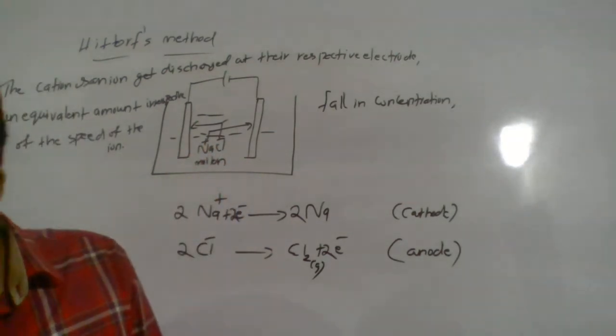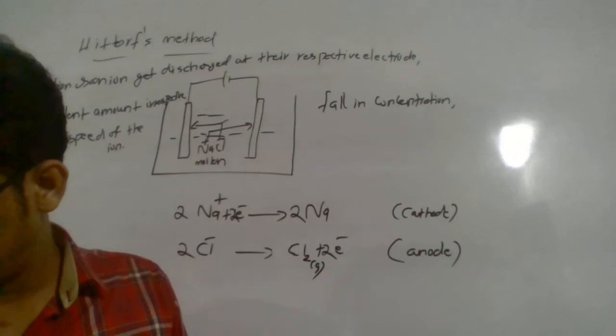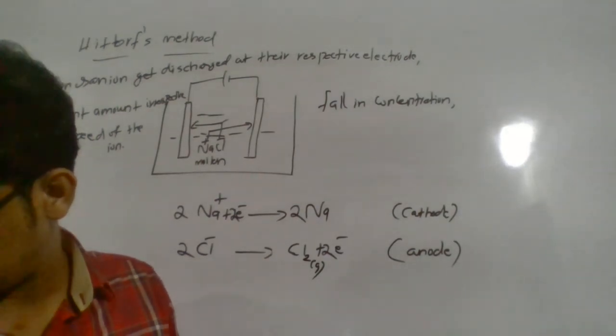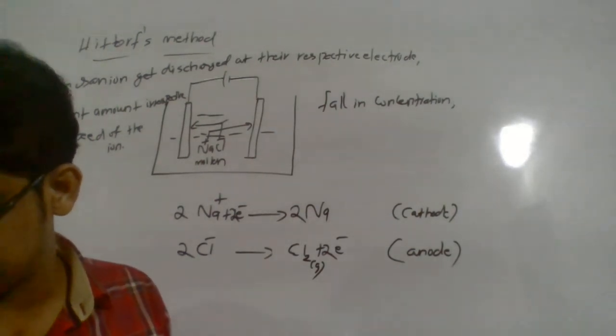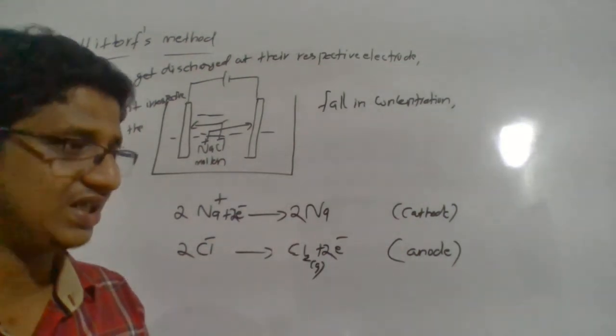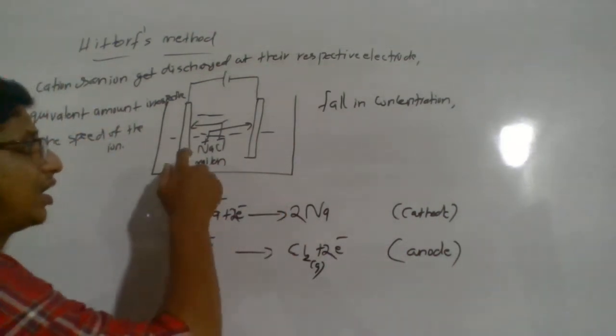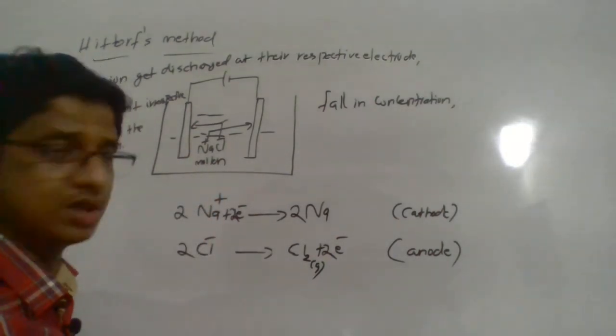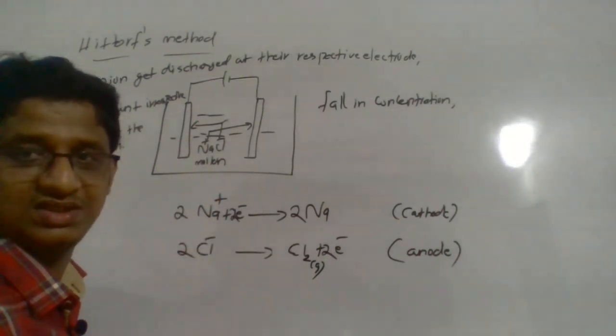So the point is, if only one kind of ion can move, the concentration falls around the electrode having the same polarity. There you can see a fall in concentration around a particular electrode when electrolysis is carried out.